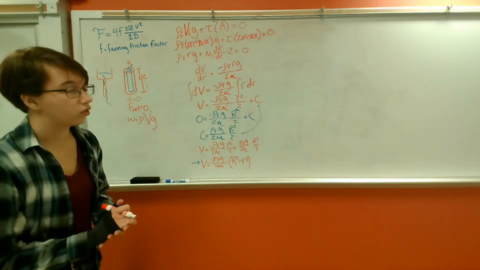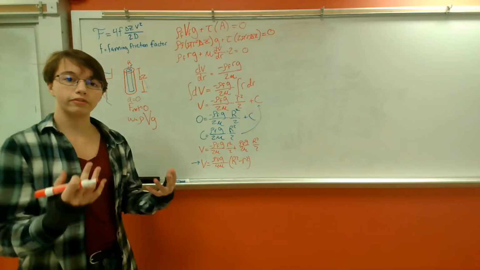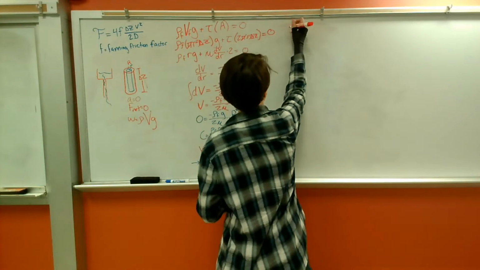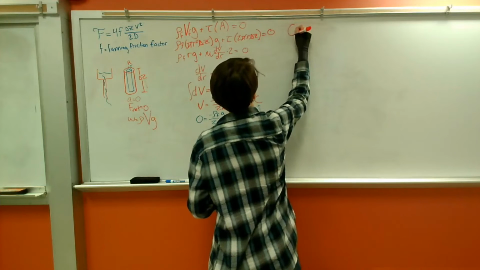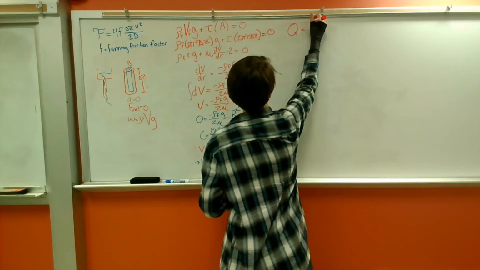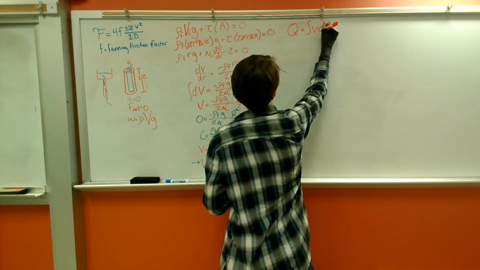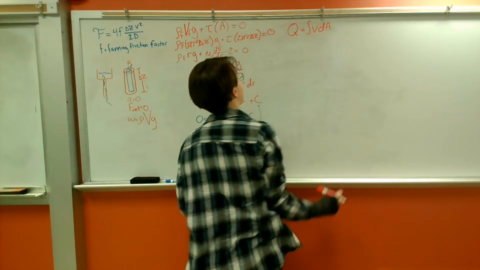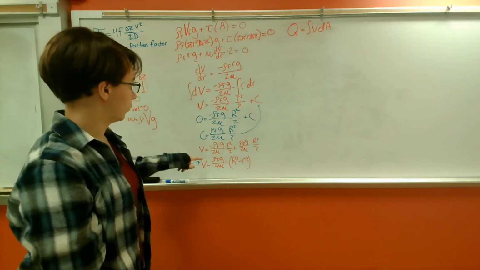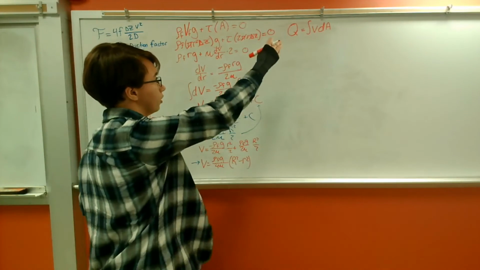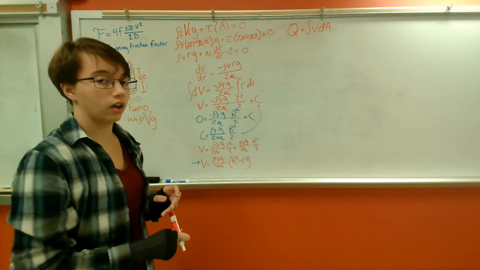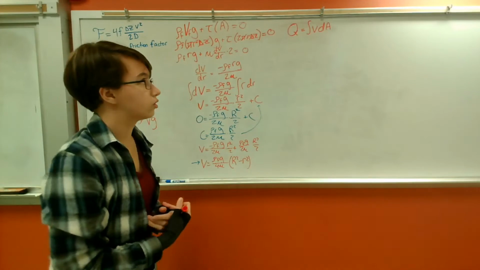So what can we do with this? We can look at this in terms of the flow rate next. So go up here, we'll have that Q is equal to the integral of velocity over the change in area. So we can plug that in as is, but area is obviously not in this. We're going to put area in terms of radius.